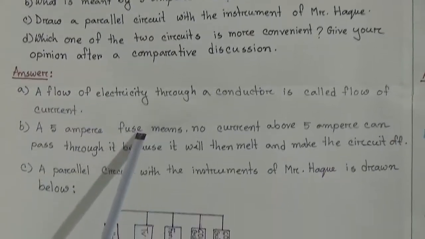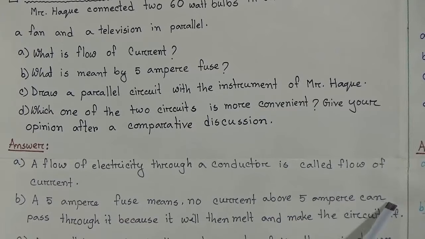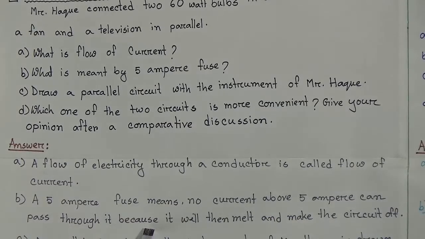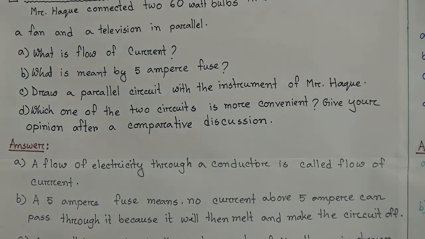A 5 ampere fuse means no current above 5 ampere can pass through it, because it will then melt and make the circuit off. That means the fuse can only pass up to 5 ampere current, not more than that.